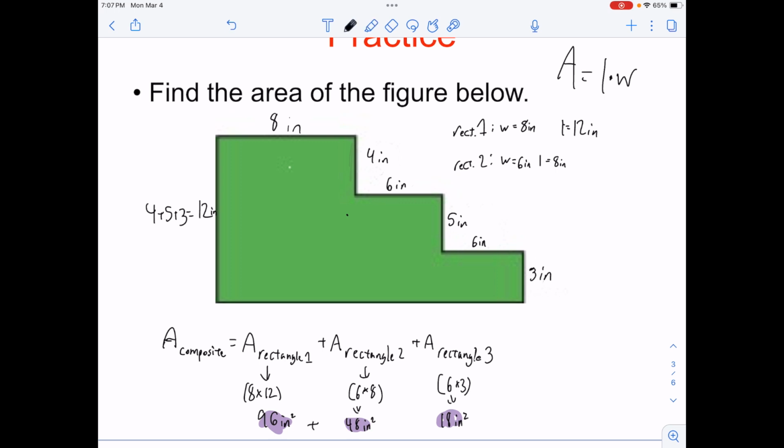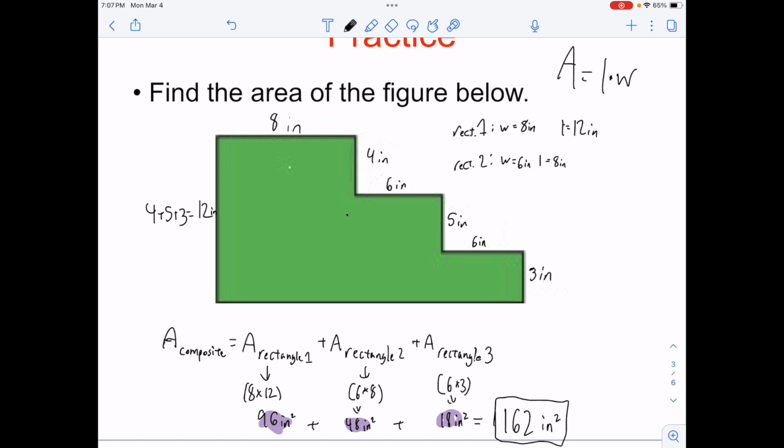Add them together. 96 plus 48 plus 18 equals, put it in the calculator, you get 162. And since it's all inches squared, the answer is 162 inches squared.